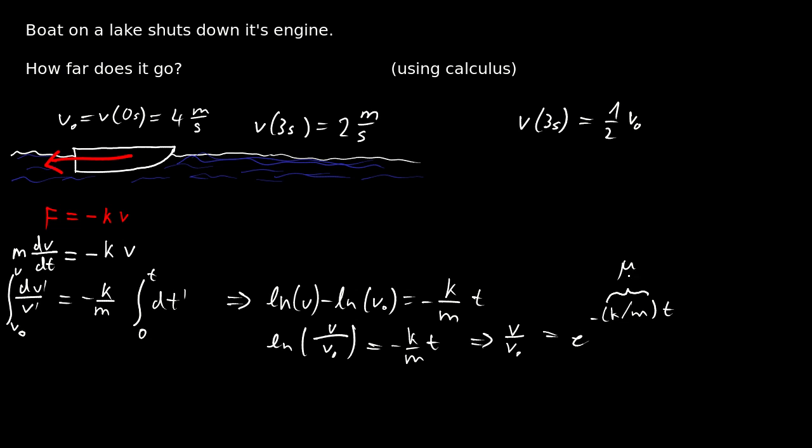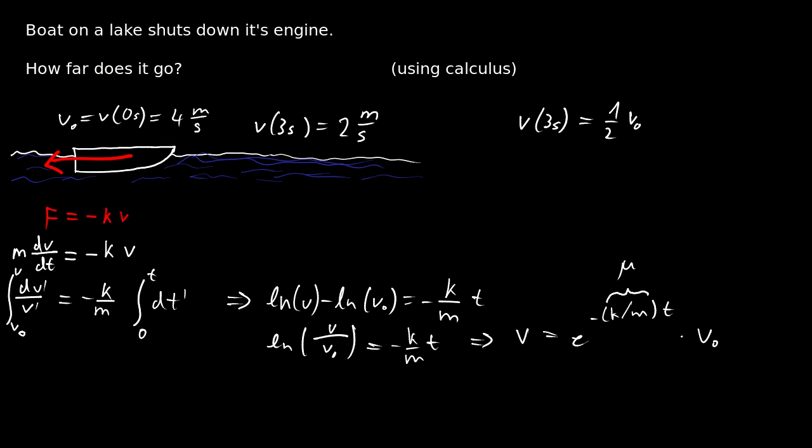We just redefine this as mu, so I don't have to always write it. If you want v alone on one side, just multiply by v0, and we are left with v equals e to the power of minus mu times t, times v0.